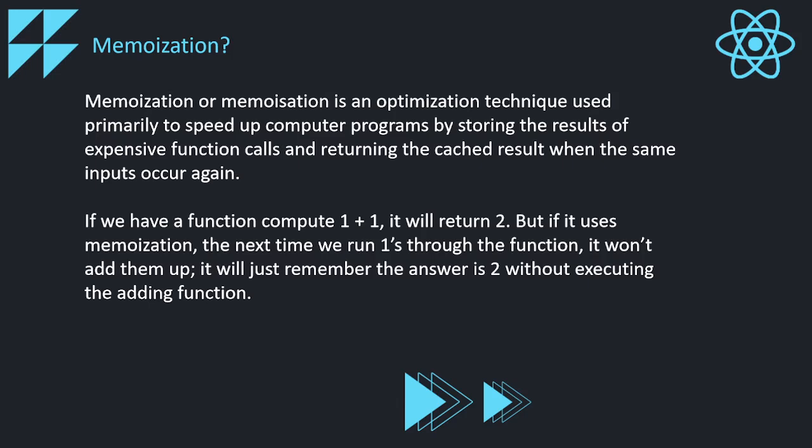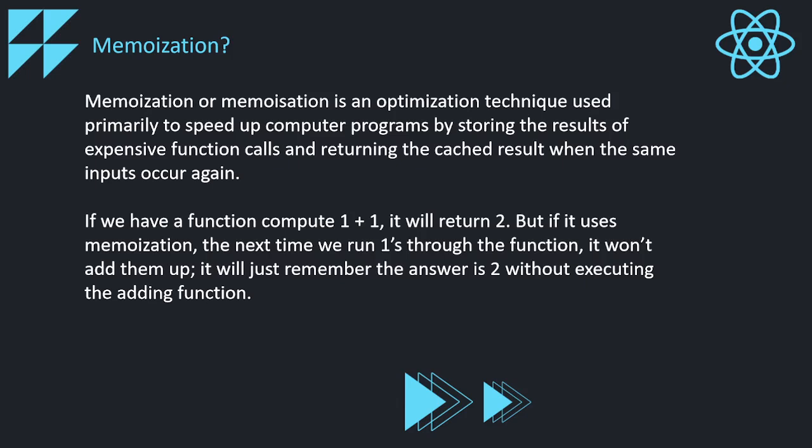But if it is using memoization, the next time we get both inputs as 1 and 1, it won't even add them up, because it already knows that for these inputs I have already cached my result, which is 2. It won't perform the adding function, it will just see the input and remember that if I get two ones, the output should be 2. In this way memoization basically works.